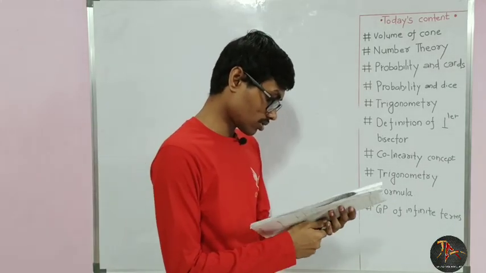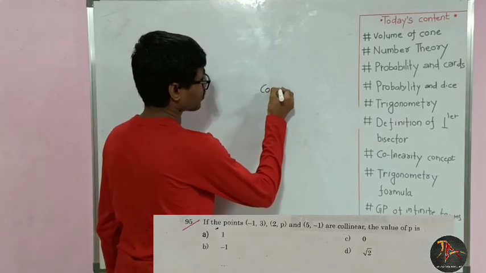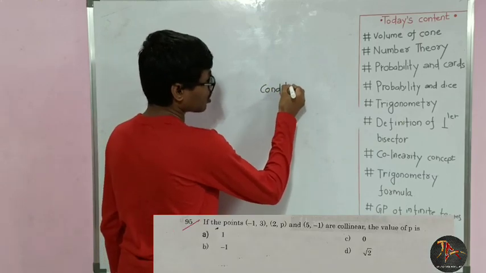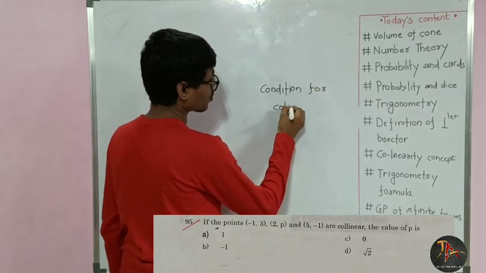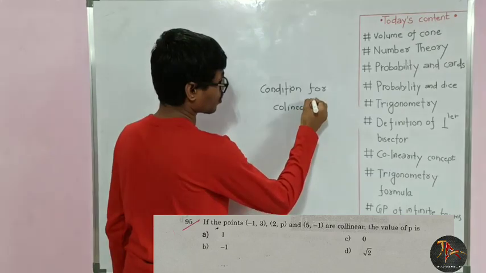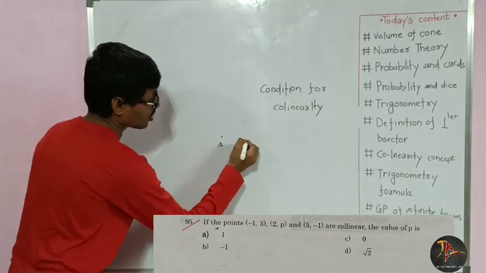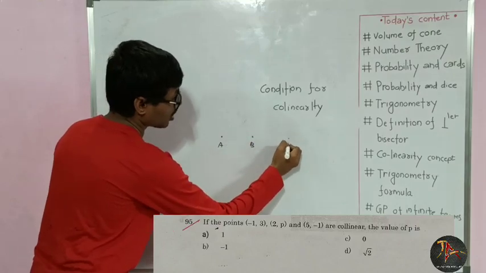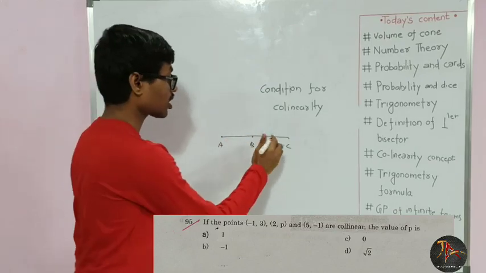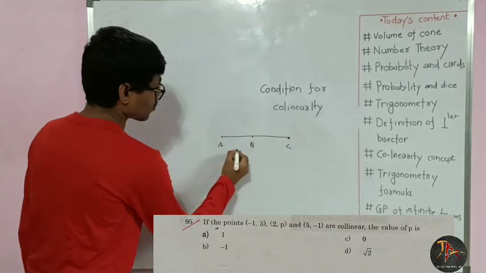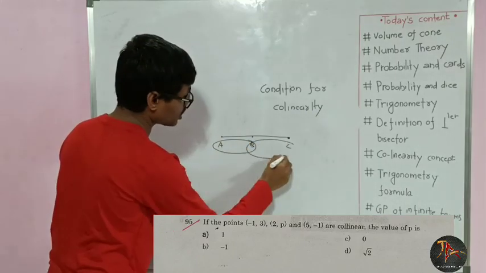Now in the next question, they have asked for the condition for collinearity. Now suppose point A is there, point B is there, and point C is there. Suppose these 3 points are there. They are collinear if the slope of AB and the slope of BC are equal.